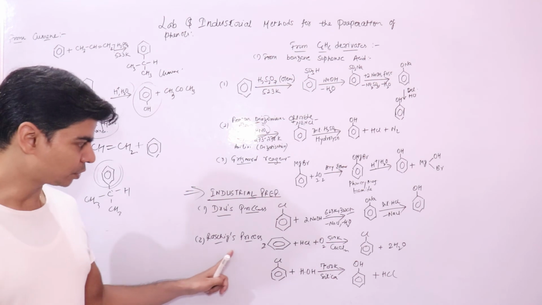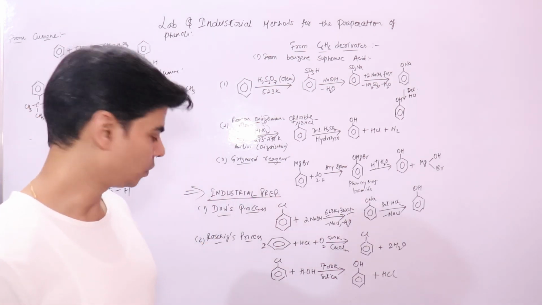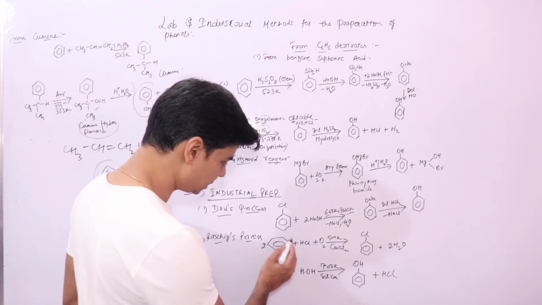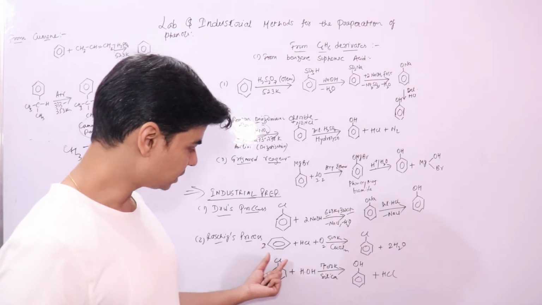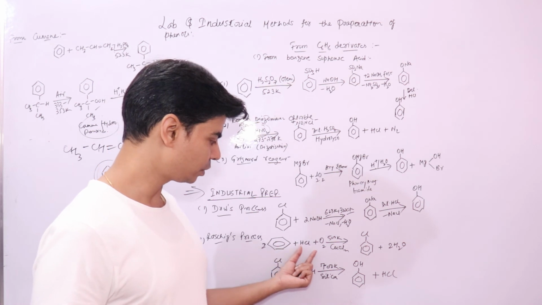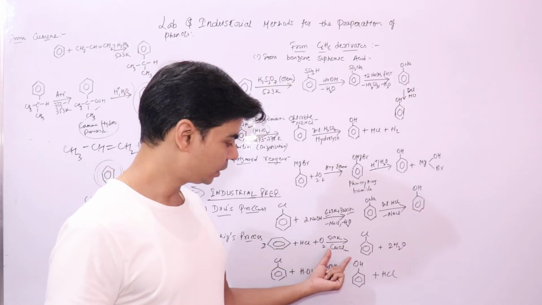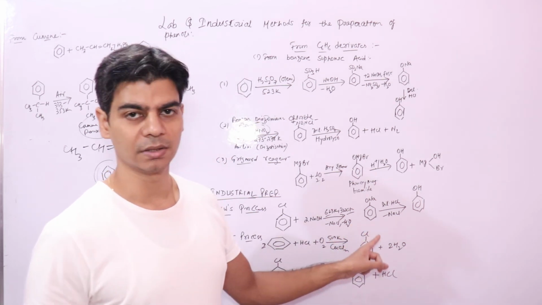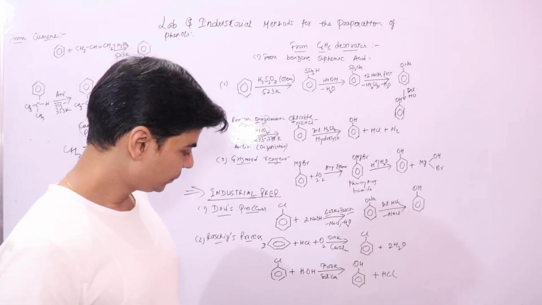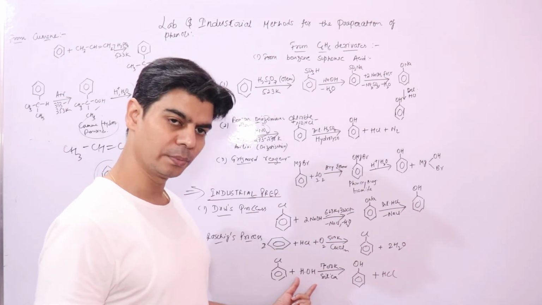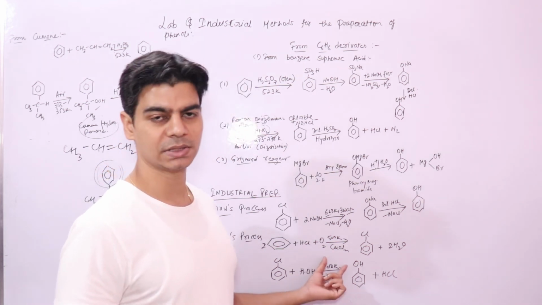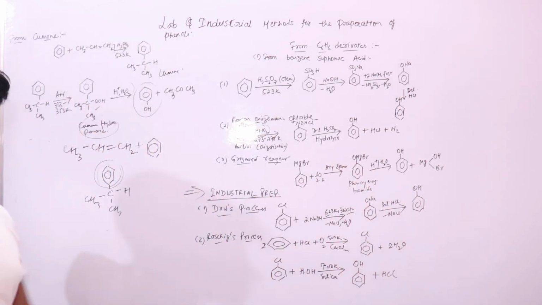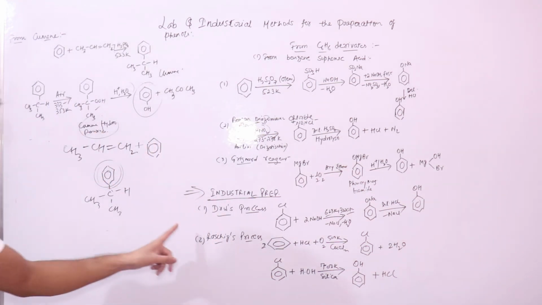The second important process for the industrial preparation of phenol is your Raschig's process. In Raschig's process, you take benzene, right? You pass benzene vapors, hydrochloric acid and oxygen over cuprous chloride catalyst at 500 kelvins, where it forms chlorobenzene. Now from chlorobenzene, you do hydrolysis of chlorobenzene in the presence of silica at 700 kelvins, where it forms phenol. This is also an industrial preparation of phenol, right?